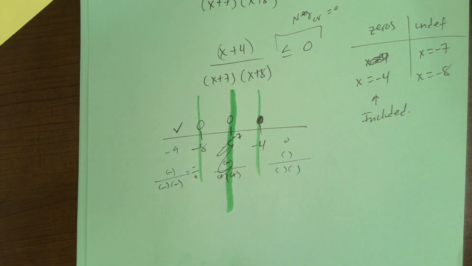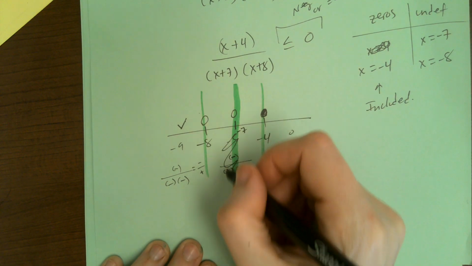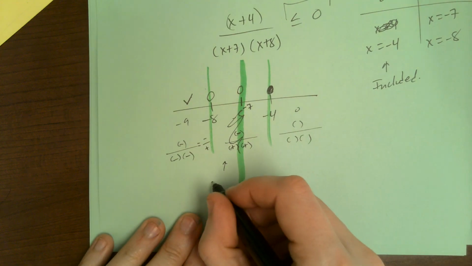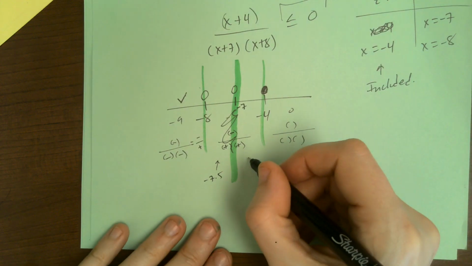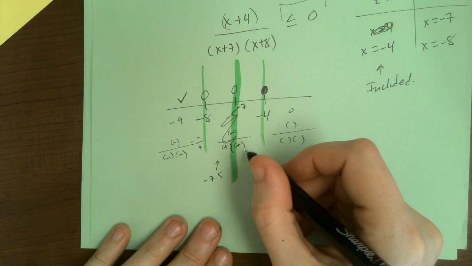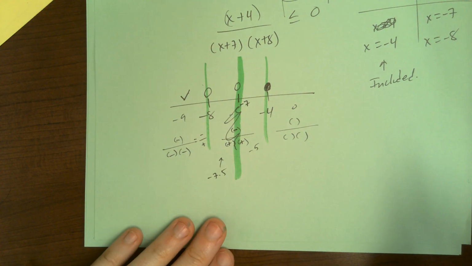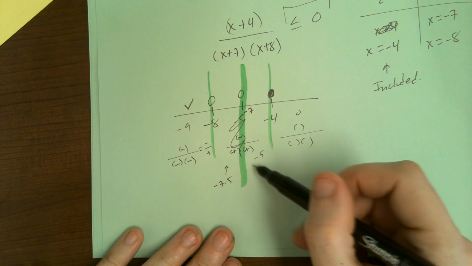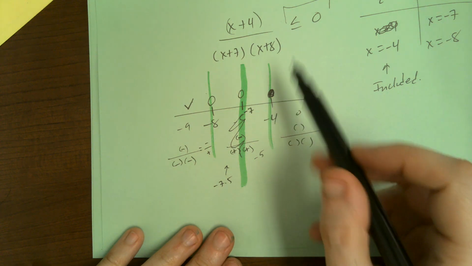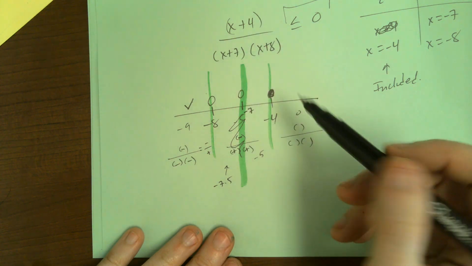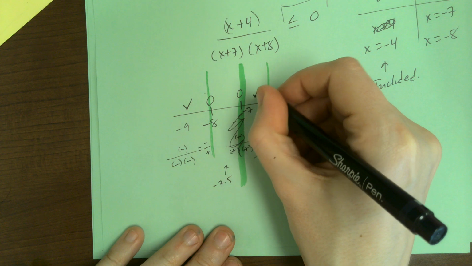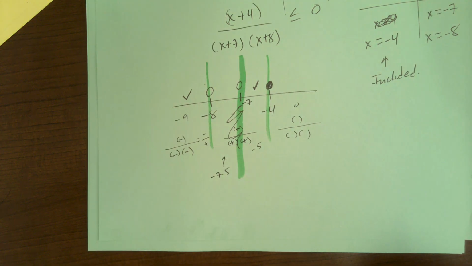So, anyway, we actually have all these sections. Over in this section, I'll pick negative 7.5. And then over here, I'll pick negative 5. Negative 5 is the one I just picked, and I ended up getting a negative outcome, which I did want when I plugged negative 5 in.